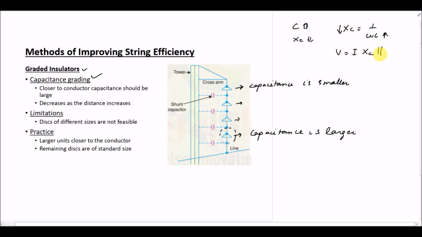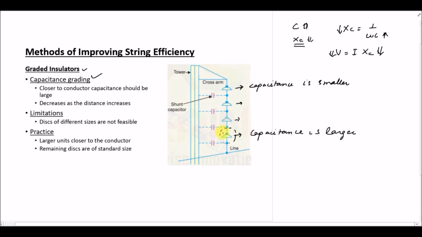If Xc is a smaller value because of the large capacitance of that insulator, then the voltage will be a smaller value. So by using capacitance grading, we have increased the capacitance of this insulator, which in turn reduces the capacitive reactance, and finally, because of the reduced capacitive reactance, we have a smaller voltage across this insulator. So the voltage stress is reduced.